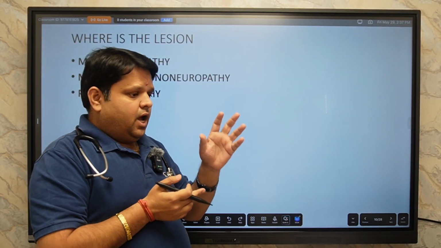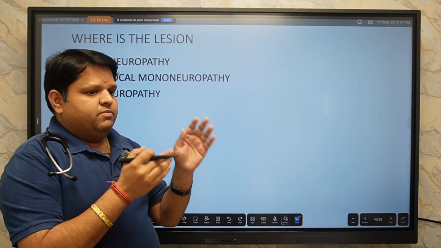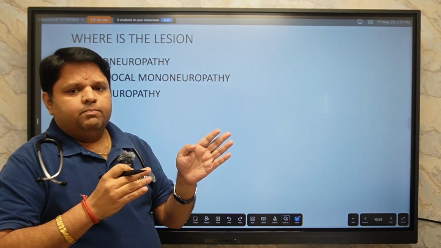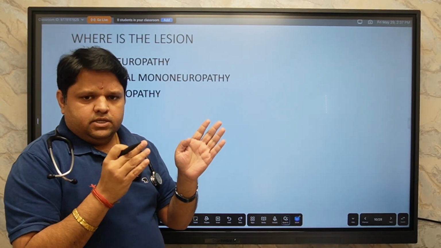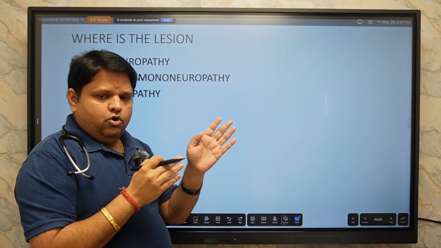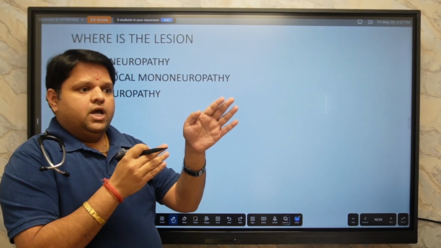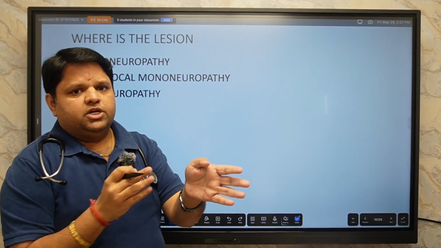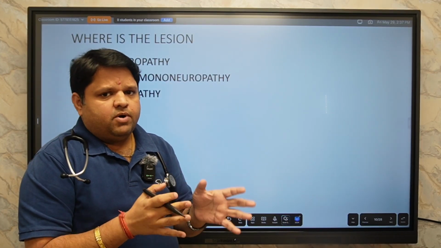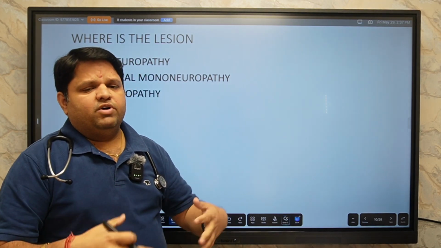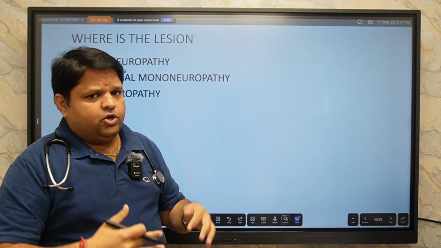We discussed the types of fiber: A alpha, A beta, A delta, and C fiber, and we also discussed the speed of conduction in motor fibers, in sensory posterior column fibers, and other sensation fibers. So this is a brief about the anatomy. We discussed briefly the nerves in the upper limb and lower limb, and the dermatomal levels.